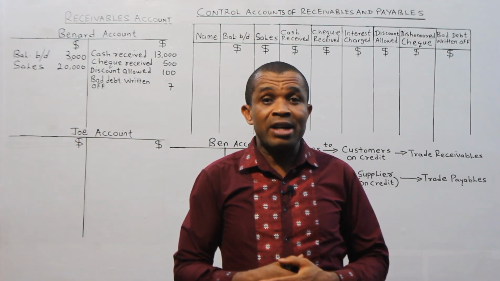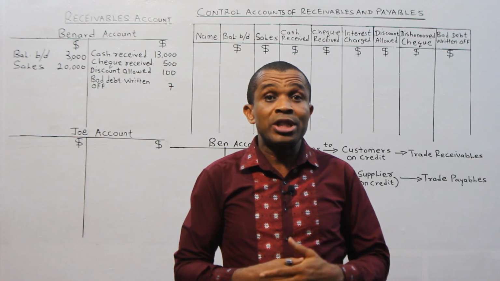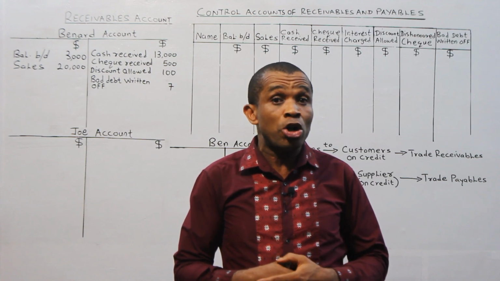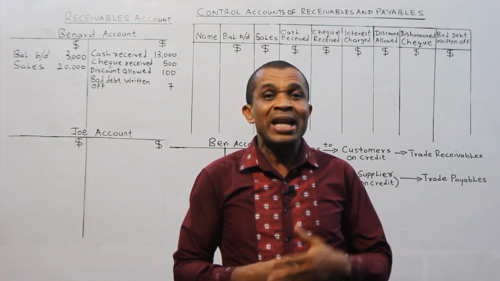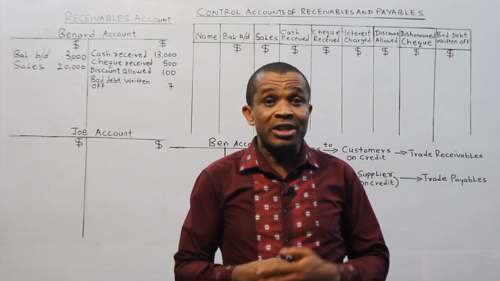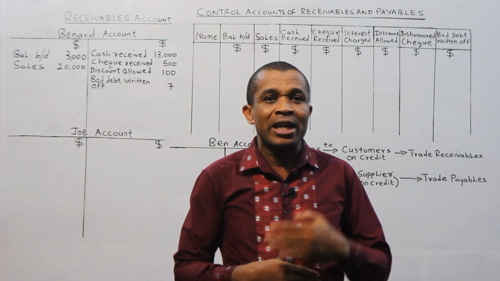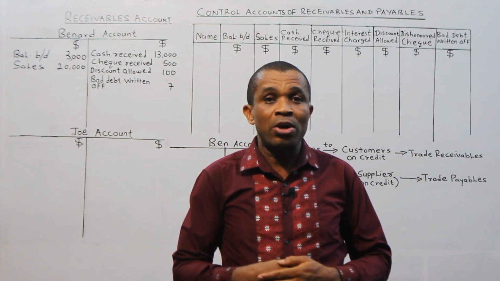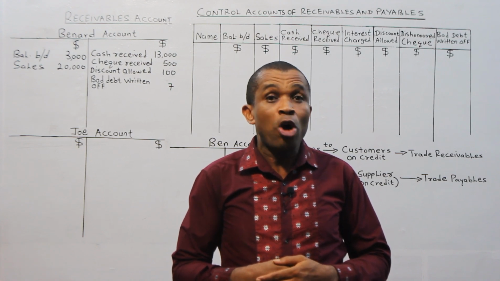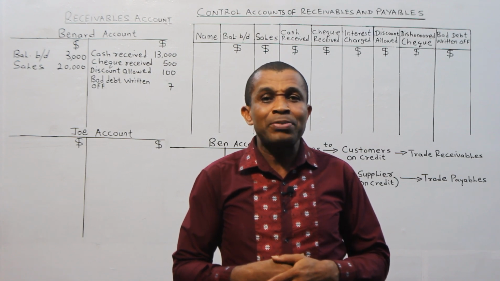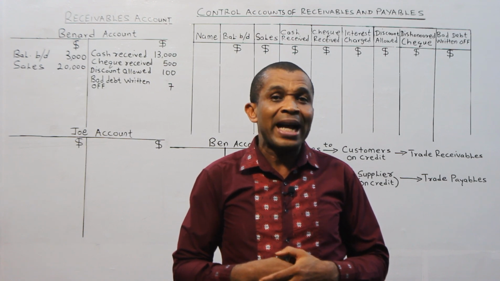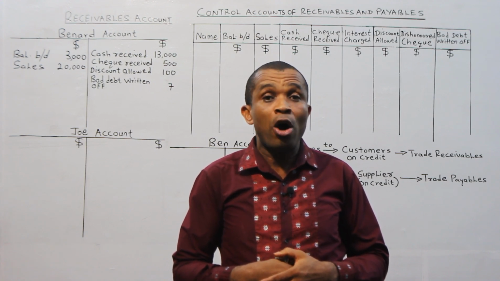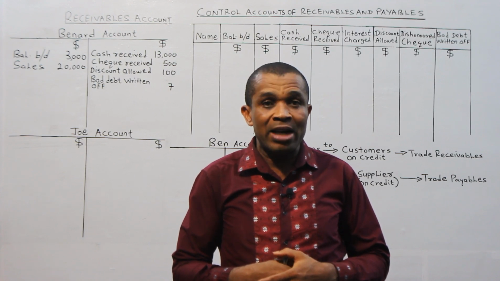Also, some of these transactions that reduce the amount receivables are owing can also be reversed. For instance, when the check previously received or part of the check previously received has been dishonored, such check will go back to the debit side of the receivables control account. When bad debt written off is recovered, it goes back to the debit side of the receivable control account.